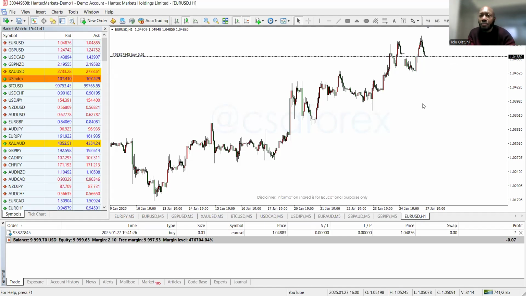So when you click on buy, your stop loss naturally is supposed to be below the entry price, and then your take profit is supposed to be above the entry price for a buy. I'm going to show you how to confirm that. If I put the mouse on the entry price and it says drag to modify, I can click down and then drag it to the downside.